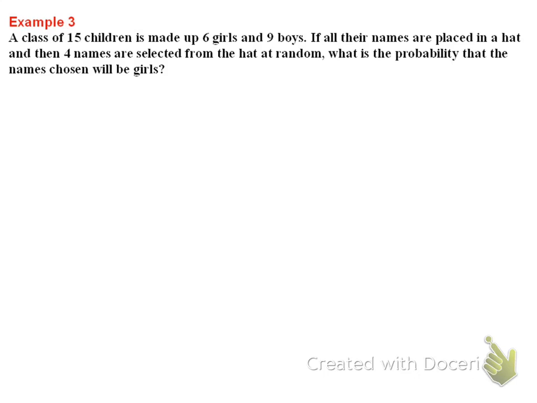So for this one, we're trying to find the probability that we're choosing 4 girls. Okay? So we're going to look at all the combinations of 4 girls being drawn versus all the ways 4 students in general from this class can be combined.